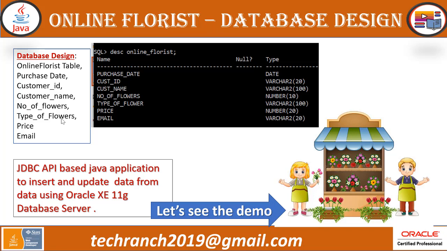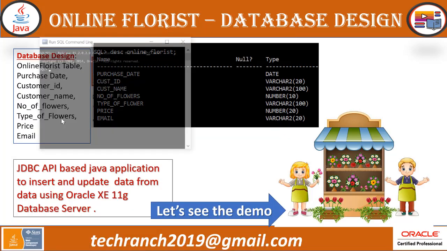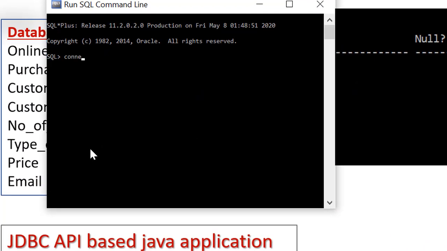Now let's first see the demo. I'm going to open my SQL command prompt and connect to the database. This is my database schema, and here my root password. As you can see, it is connected now.